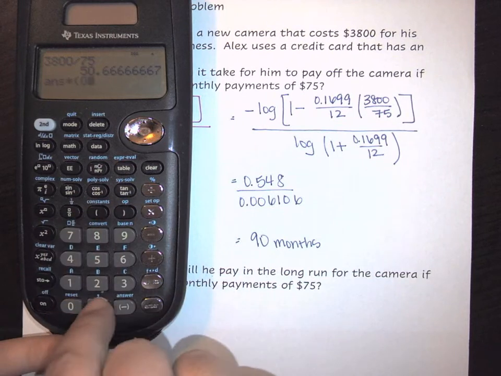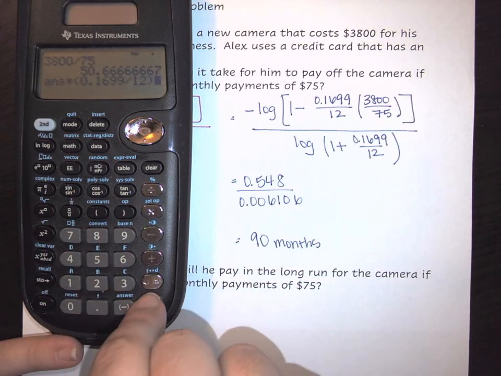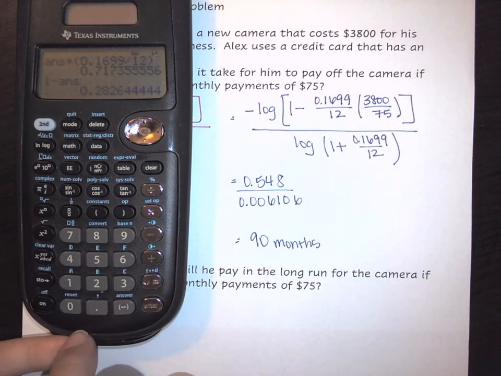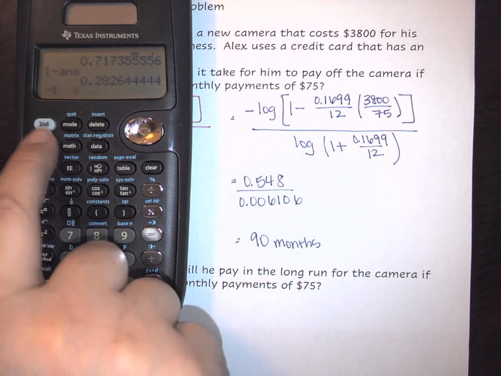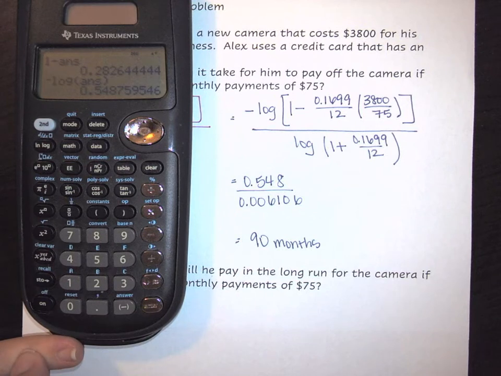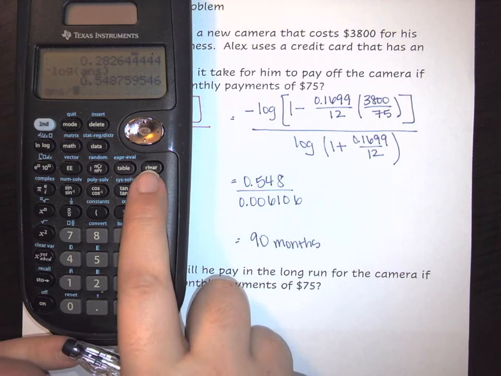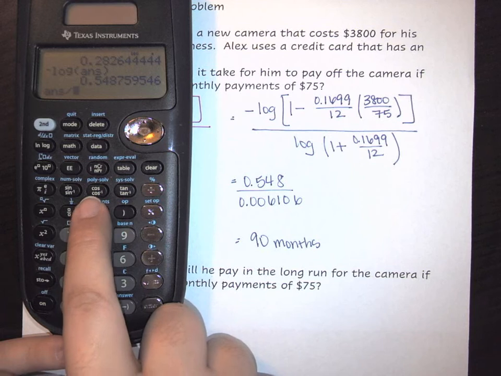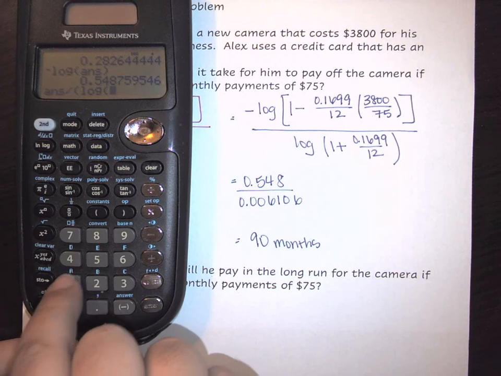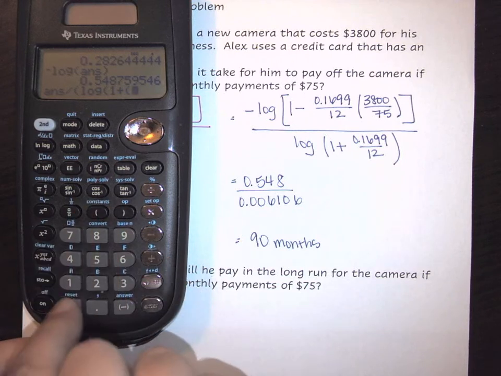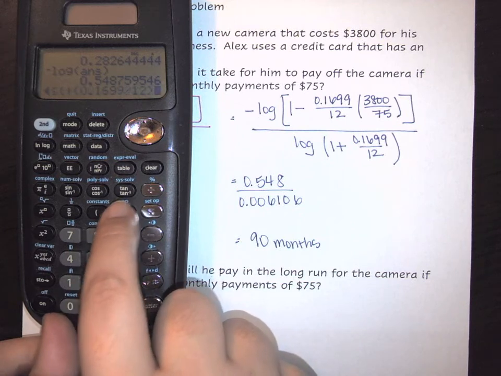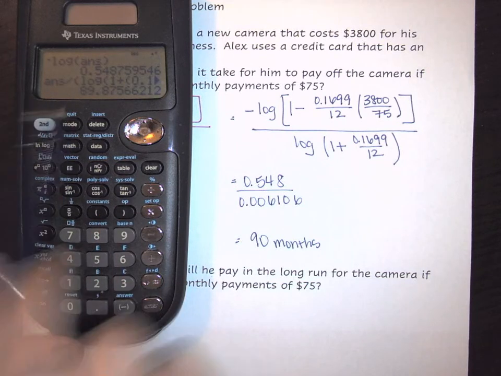Multiply that by 0.1699 divided by 12. Then 1 minus that answer, the negative log of the answer. And now we're going to take that and divide it by the log of 1 plus 0.1699 divided by 12. Close it, close it, close it, and hit enter, and there we go.